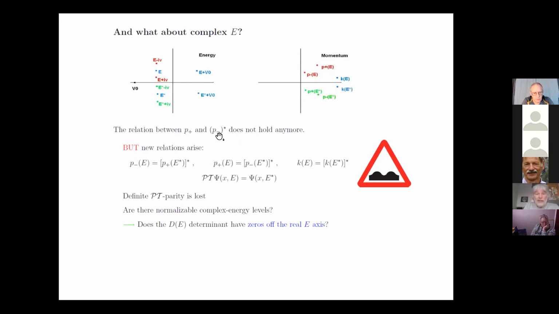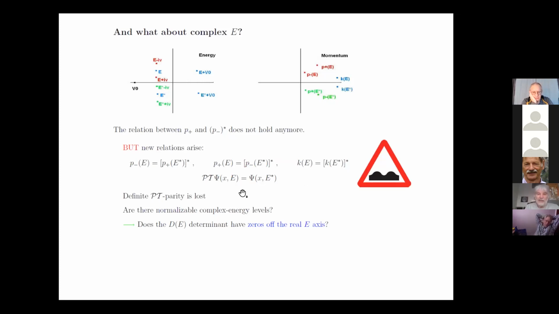So P plus and P minus will not be complex conjugate pairs anymore, but new relations arise. There are a couple of new relations which will replace this one, and the PT operation, when you act on the solution, will give you back the expected result that the PT transformation will flip between the complex energy solutions. So it is normal. This is what we expect.